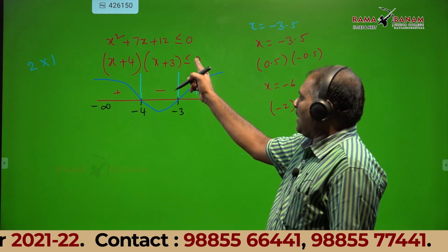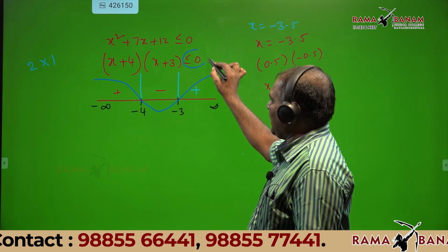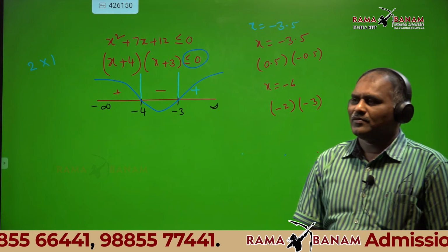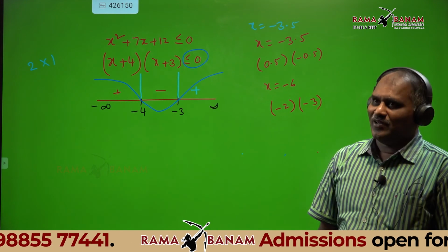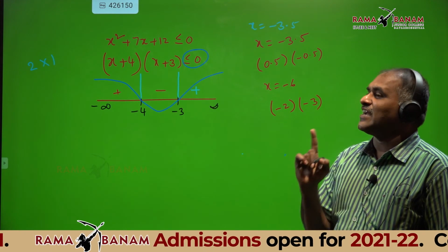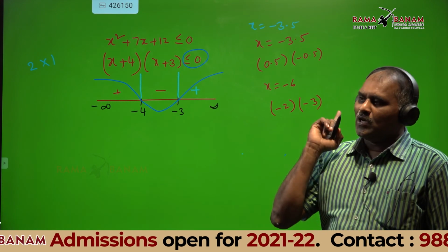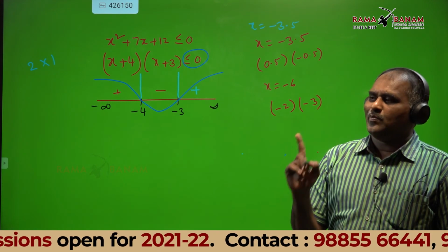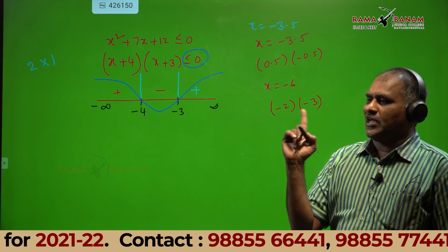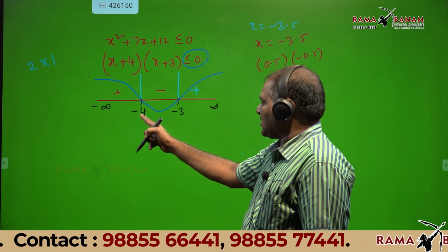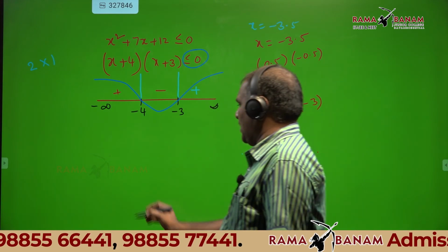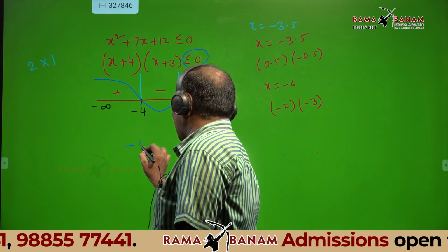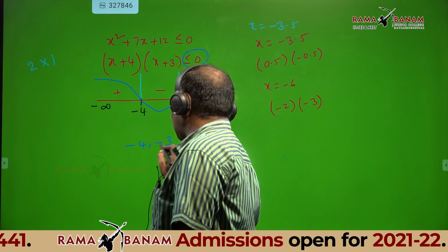But here, is less than there or greater than? Less than or equal to 0. Less than means negative, greater than means positive. Where is the function negative? Minus 4 to minus 3. Therefore x belongs to minus 4 to minus 3.